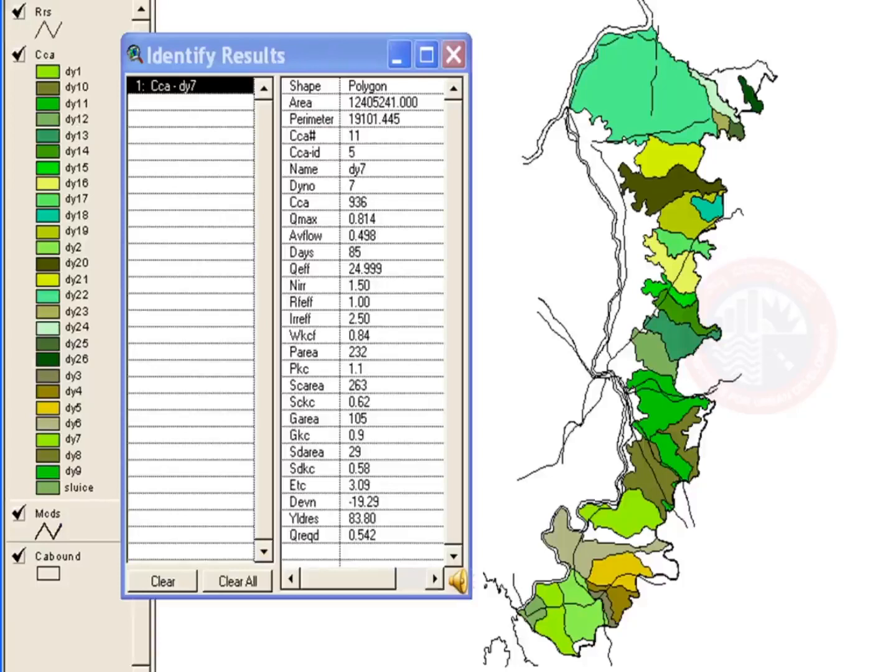GIS mapping in irrigation command area. This vector GIS map is created for an irrigation information system. This map shows the main irrigation canal system and its distributaries or branches along with field data.